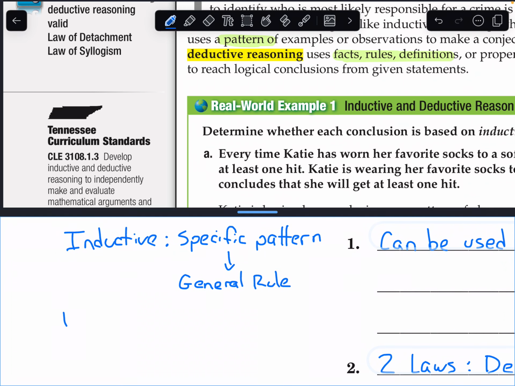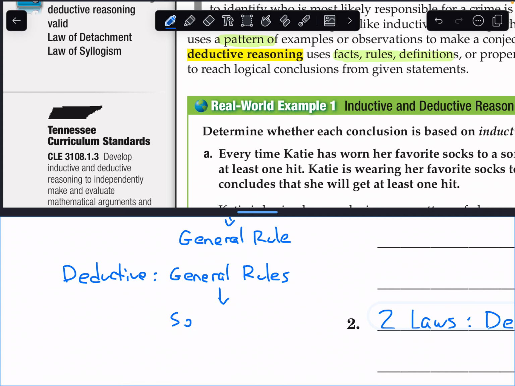Deductive reasoning is the opposite. Deductive reasoning, we will take general rules and we will make a conclusion about a specific instance.